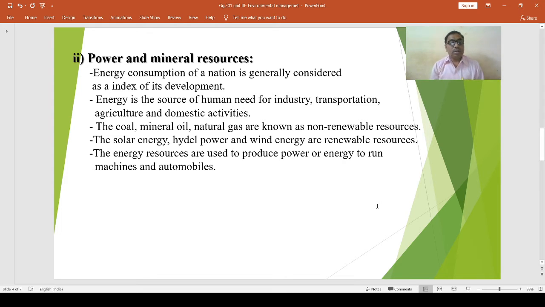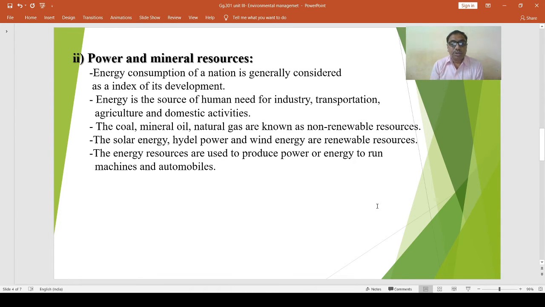Then the merits and demerits of solar energy. First, the merits of solar energy are: solar energy is an inexhaustible source of energy. It is pollution free. Solar energy is used for photosynthesis by plants.